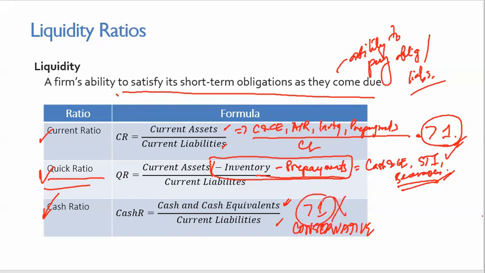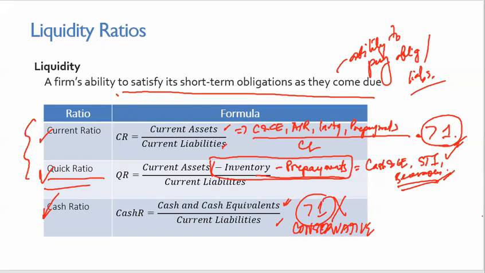Kasi yung current liabilities mo, although liability mo yan ngayon, may schedule of payment yan. It's not necessarily that you will pay everything now. Hindi pa naman ngayon na, but in 2 months, in 3 months, in 4 months, those are all current. So you don't need all the cash now. So that's why usually we look at these 2 ratios.